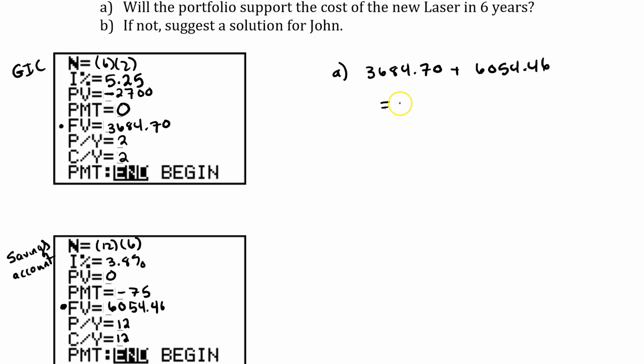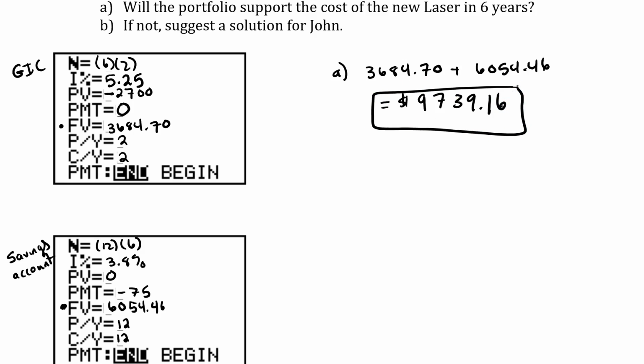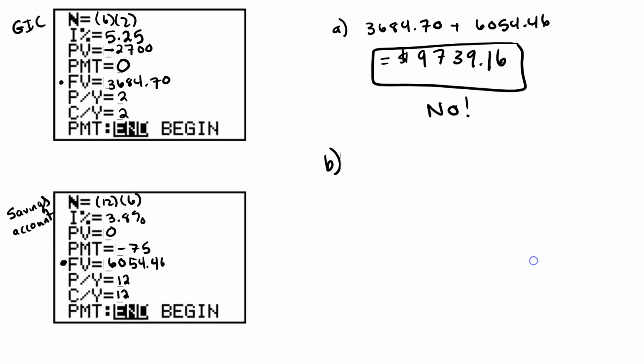And that is a grand total of $9,739.16. That is way lower than the $12,700 that we want. So no, it does not support. Did you kind of have a hunch that maybe it wouldn't support it because you know that you have a B question there? You are smart kidlets. Good for you.